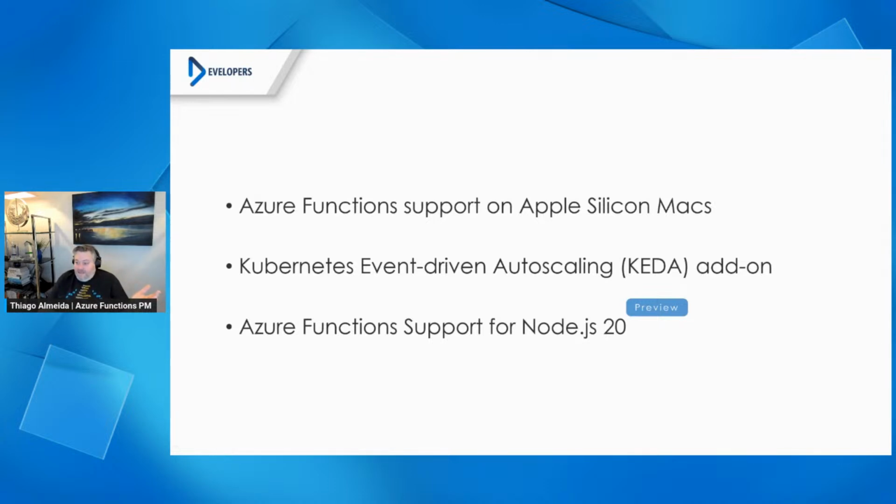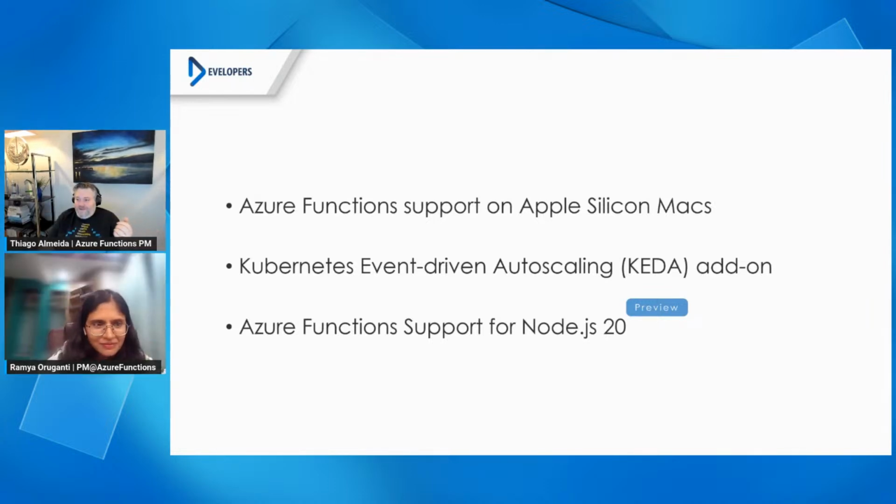Here's another one that Ramya knows all about, and she wrote the blog post on this, so I'll add Ramya back to the stage. It's the KEDA add-on to Kubernetes. This isn't necessarily directly related to Azure Functions, but it's the Functions team and our engineering team that build and support this, and we are very happy that we have now released in GA this add-on to Kubernetes that is supported for you to use KEDA for scaling your containers if you're on Kubernetes.